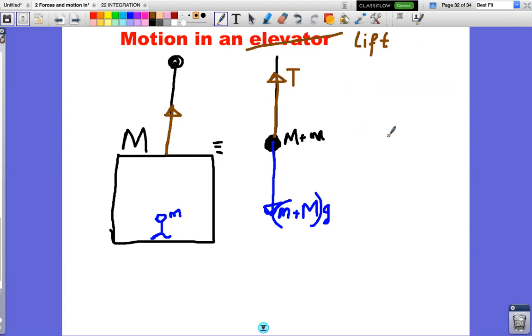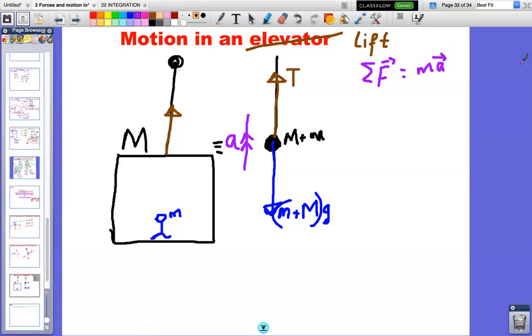Now, what I'm trying to illustrate is this. Let's say this lift is taking you up to the 25th floor where I live, it's moving up. So let's say it's accelerating upwards with acceleration a. So we will use Newton's second law, summation F equals ma, right?